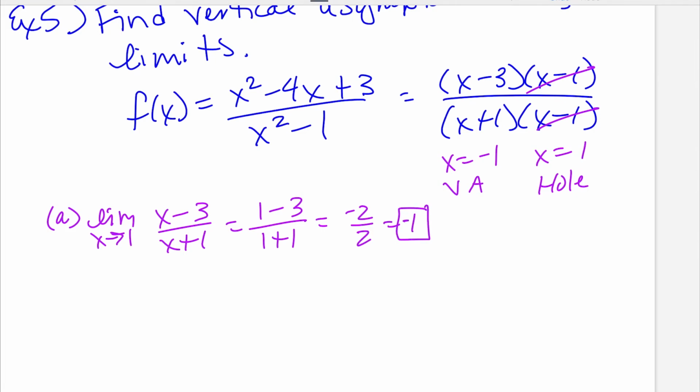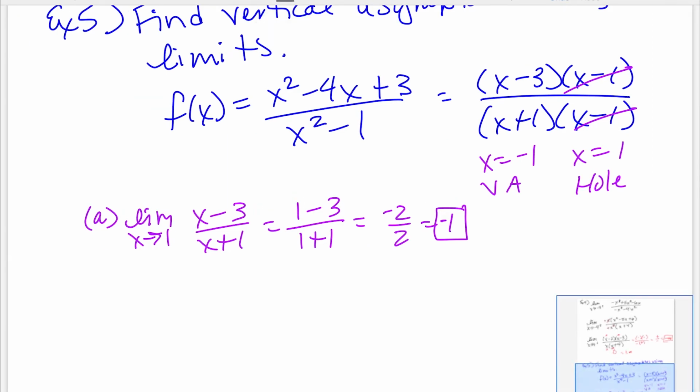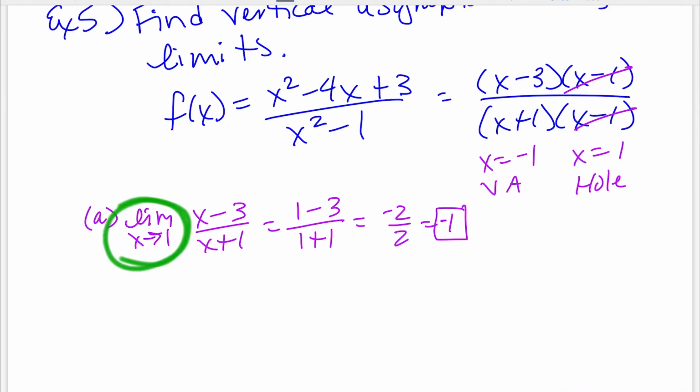Oops, negative. All right, because that's a hole. So I have a value at that. And I'm going to reiterate this for the cheap seats. I used my limit notation here. As soon as I plug it in, you drop the limit notation, right? Because you're performing that operation. You don't need to keep writing it. Let's go black.